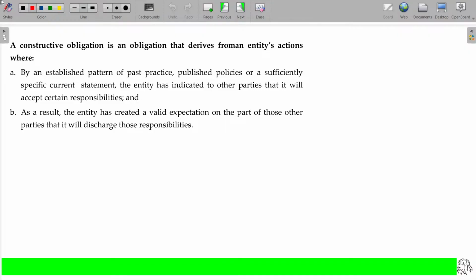Very often I use the term constructive obligation. This is derived from an entity's actions, by an established pattern of past practices. A company constantly does replacement for the past 10 years.